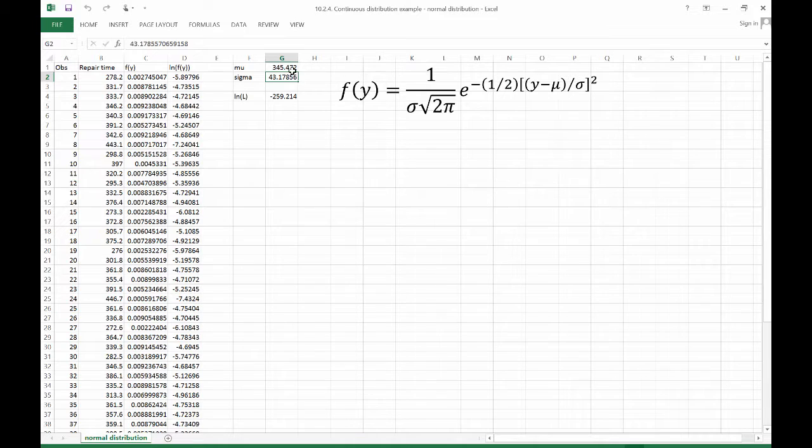So what we're saying here is the maximum likelihood estimates for a normal distribution to fit these 50 repair time observations are 345.5 for mu, 43.2 for sigma. Those are the two values of the two parameters of this distribution that maximize the natural log likelihood function.